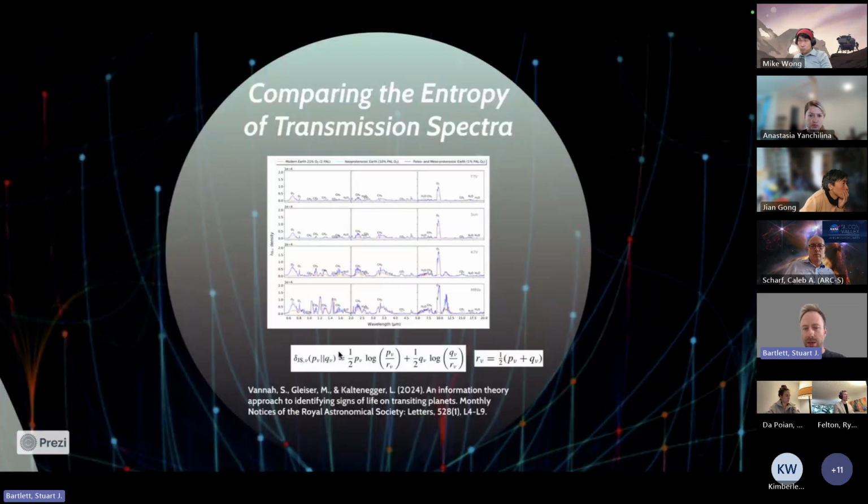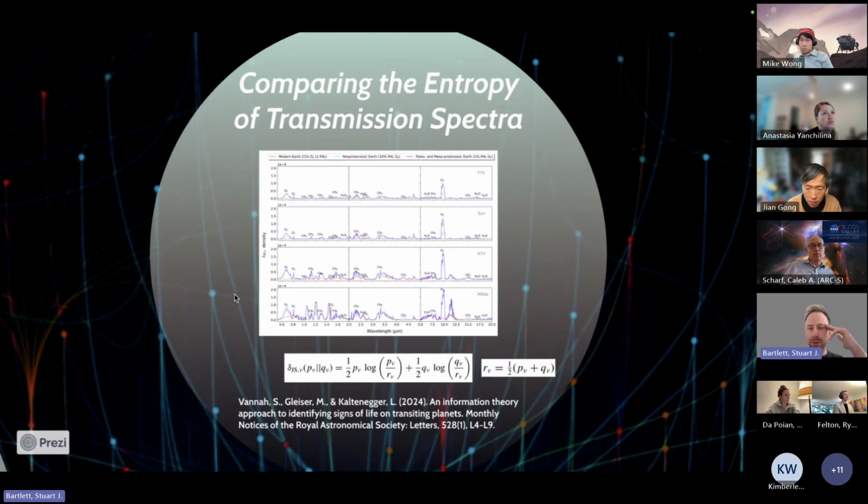A very interesting, complementary and new approach to this question, which is still focused on the molecules and the chemistry, but actually takes tools from information theory to analyze the transmission spectra that we might get from exoplanets. This work was done by Sarah Vanner, Marcelo Gleiser, and Lisa Kaltenegger.